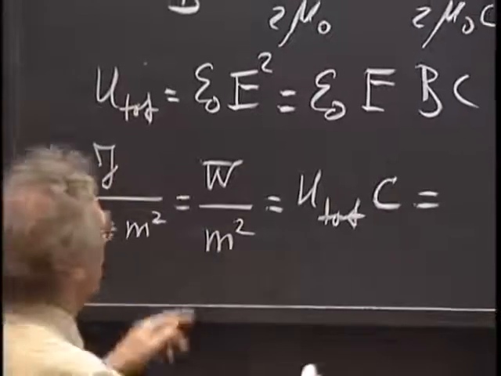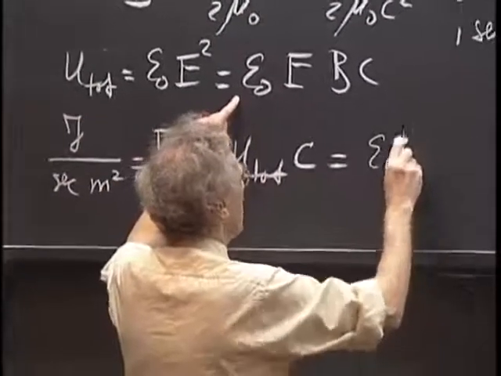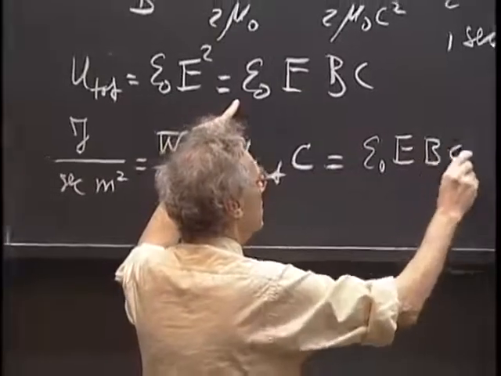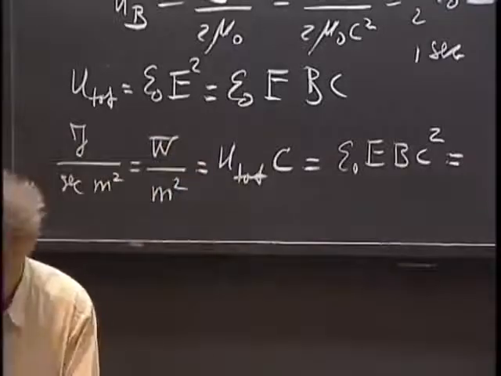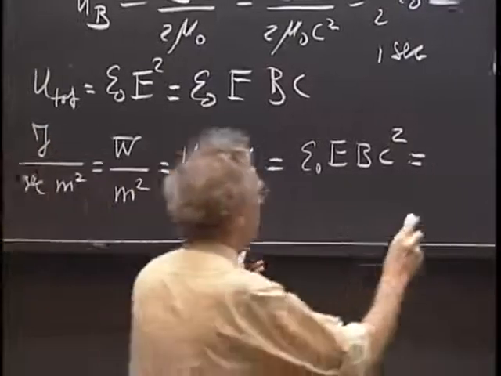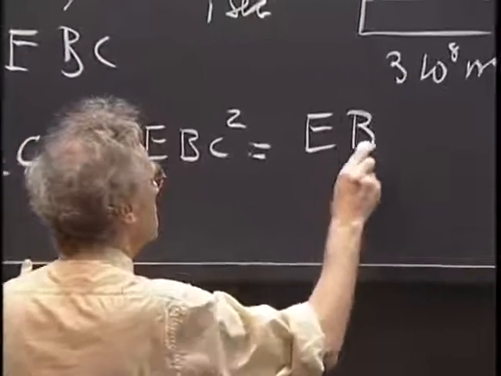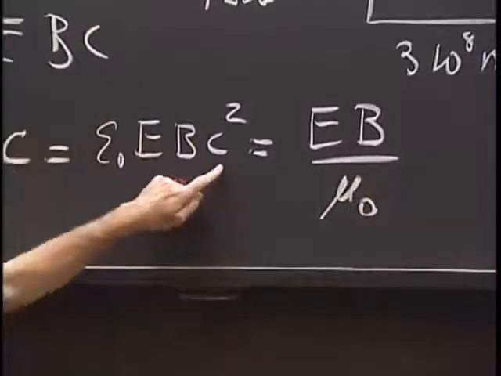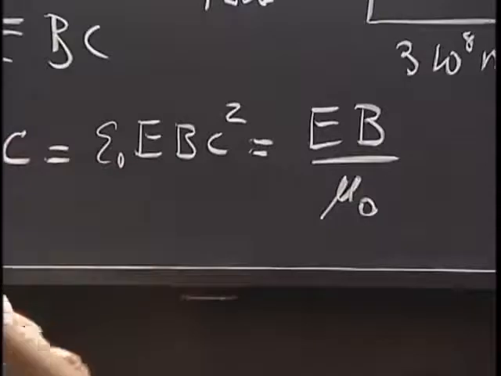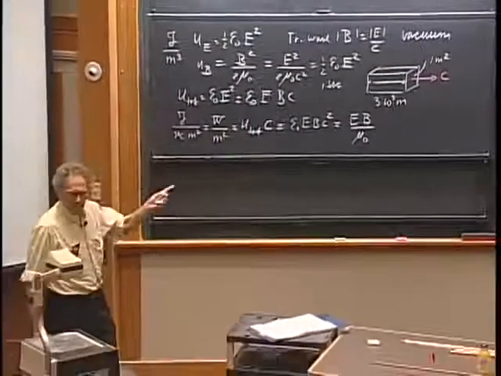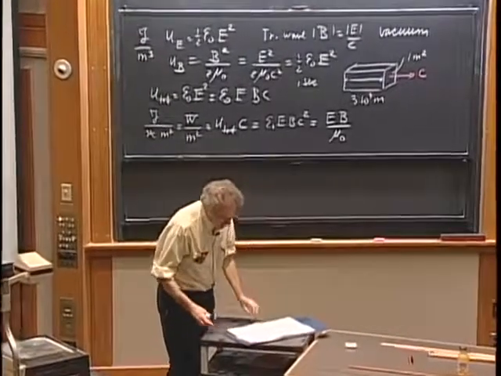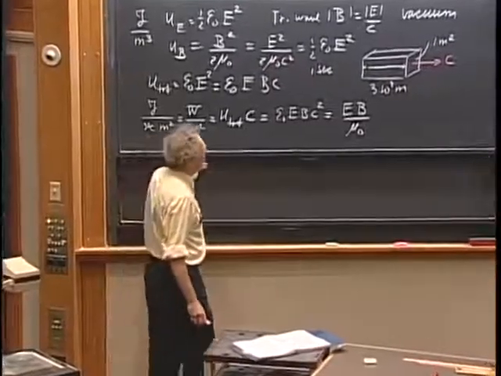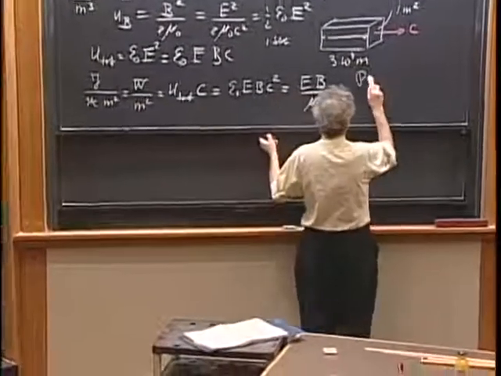for which you can write epsilon 0 times E times B times c squared, if you like that. But you can also write for that EB divided by mu 0, because c squared is 1 over epsilon 0 mu 0. And this should remind you of something that is in your far distant past, which is what we earlier have called in 802 the Poynting vector.